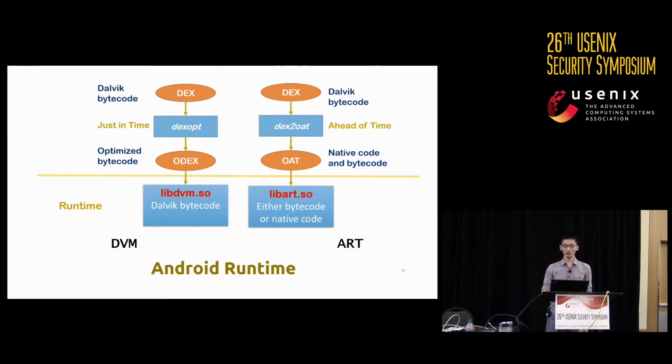Then both its original dynamic bytecode and the compiled native code are stored in OAT files. During the running of this app, its native code will execute in ART runtime directly. For the methods that are not compiled into native code, their dynamic bytecode will be interpreted by the ART runtime.